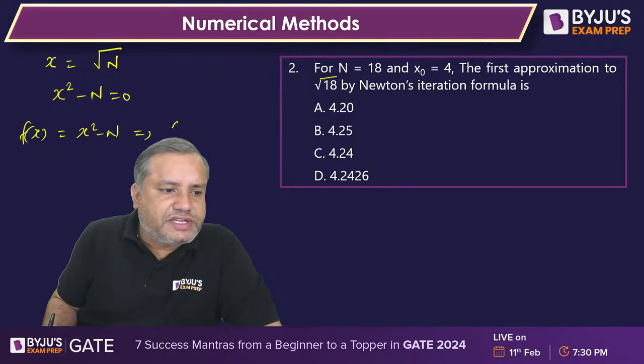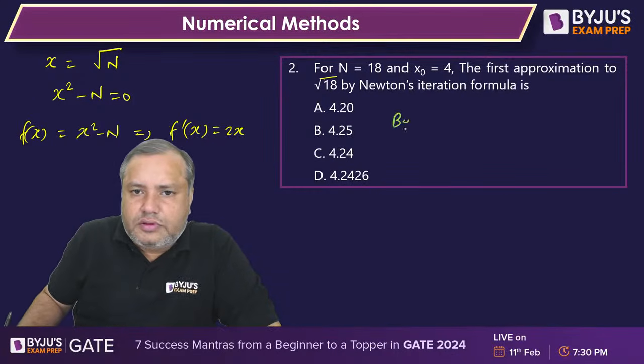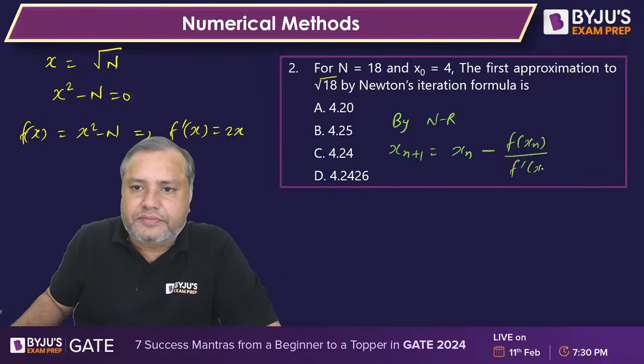Of course, this f dash x will be twice x. Now we are going to apply the Newton-Raphson method. By the Newton-Raphson method, x n plus 1 will be x n minus f of x n upon f dash x n.